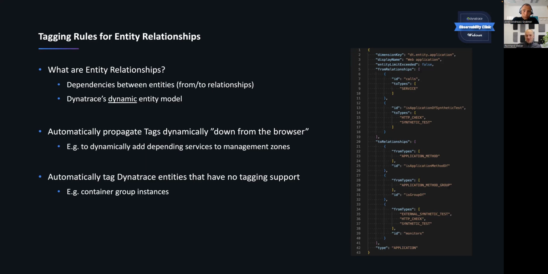The reason why this is important is that I've received requests from some of my customers asking which services are actually used by my web application, right? Which services are depending on other services, not directly, but also indirectly.